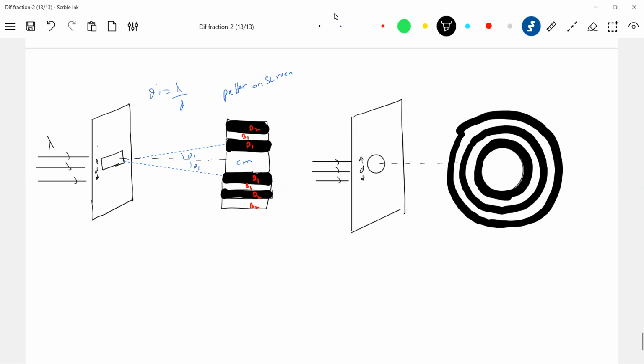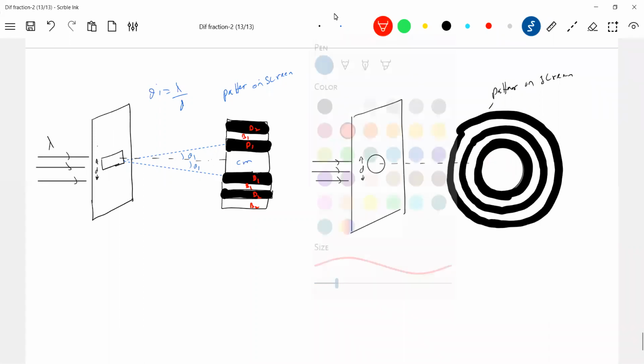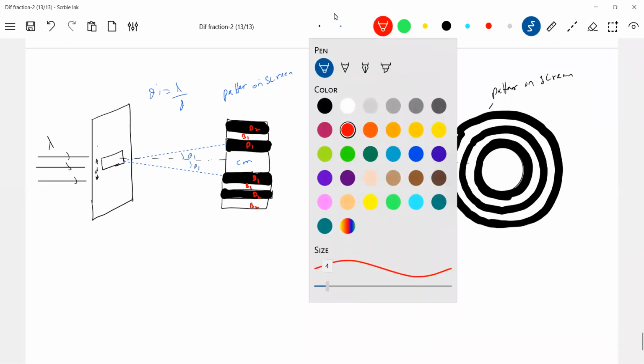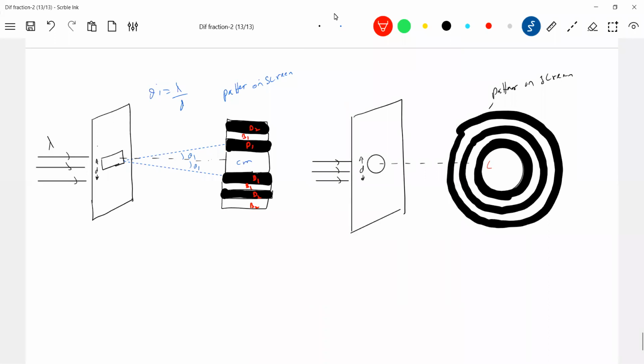So this is the pattern on the screen. This is called the central bright disk. Okay, there's a pattern.